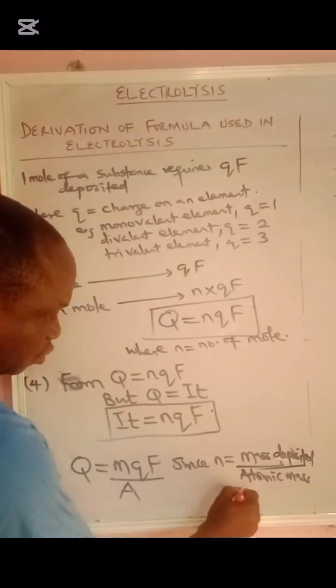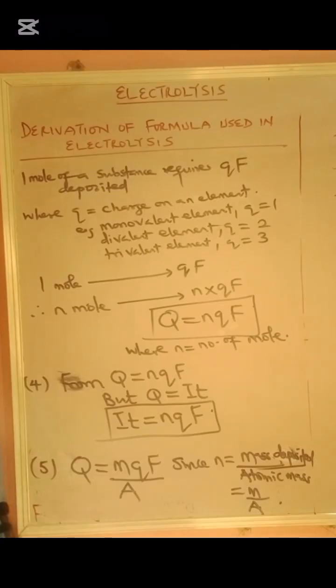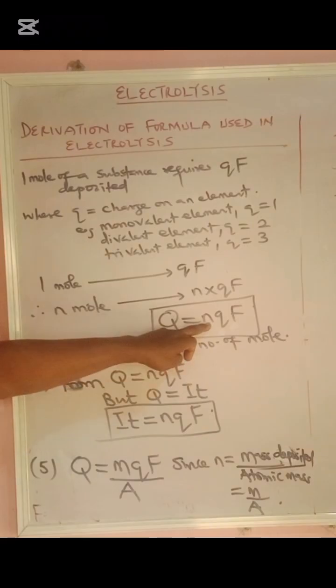So that's what is written as M all over A, where A represents atomic mass. Take note of that. So substituted for N. Anyway, you see N here. N is equal to M all over A.